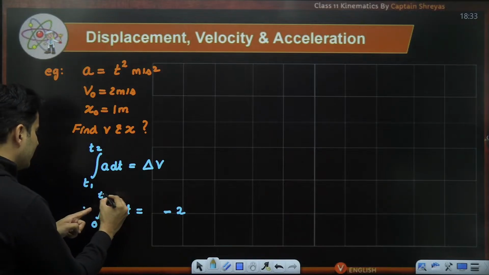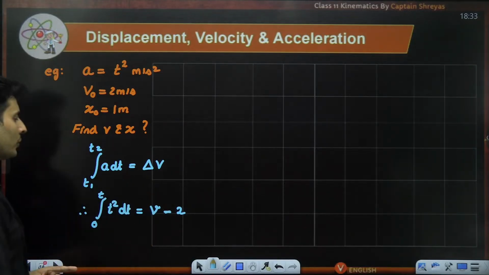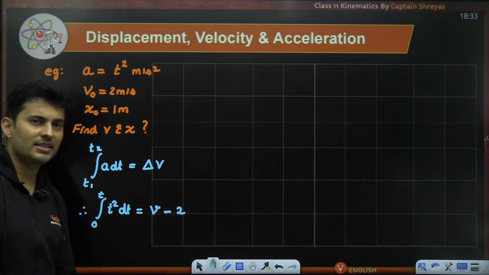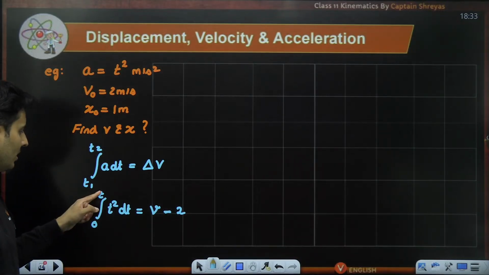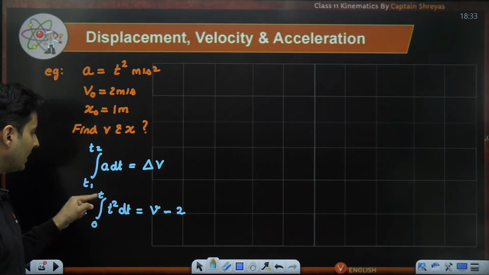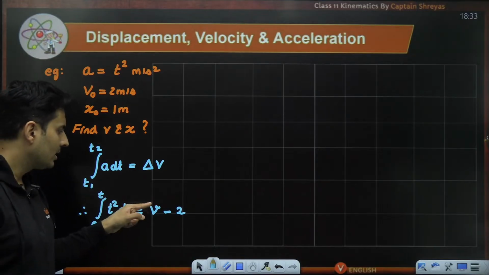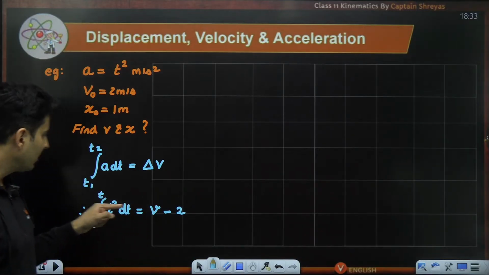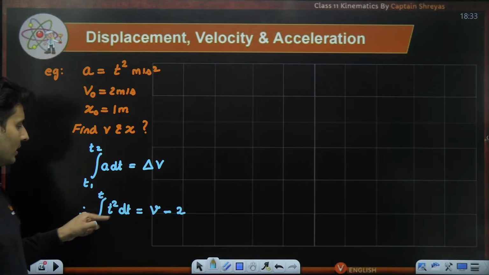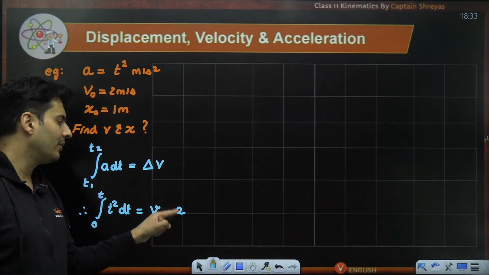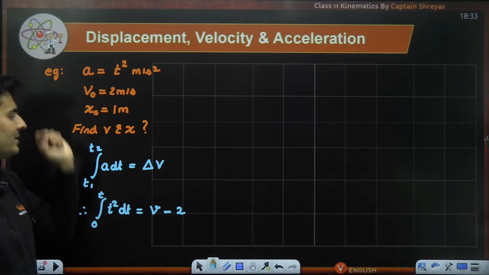And at t seconds, how much is it? I do not know. This is the upper limit. That means when the time was t, the final velocity is v. When the time was 0, the velocity initially was 2. Why? Because it is given.